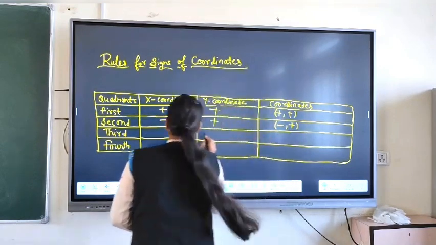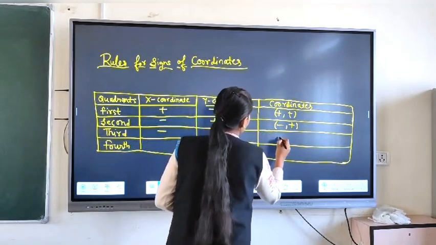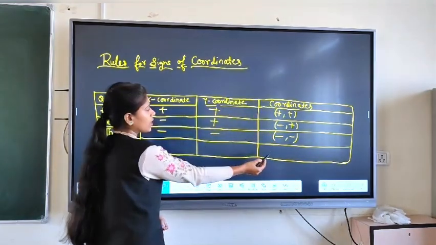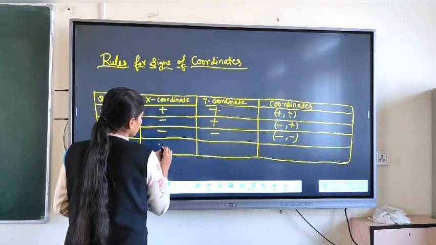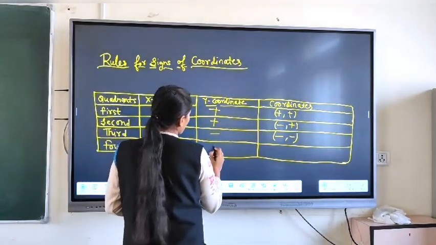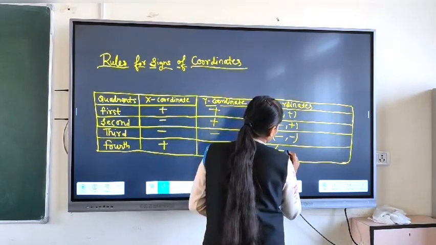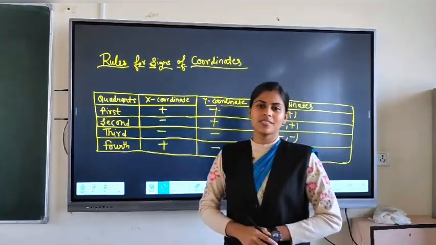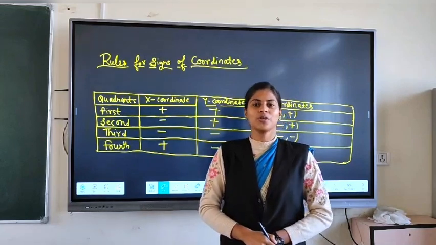For the third quadrant, x coordinate is negative and y is also negative, so the sign is negative, negative. For the fourth quadrant, x coordinate is positive and y is negative, so the sign is positive, negative. So these are the rules for signs of coordinates.